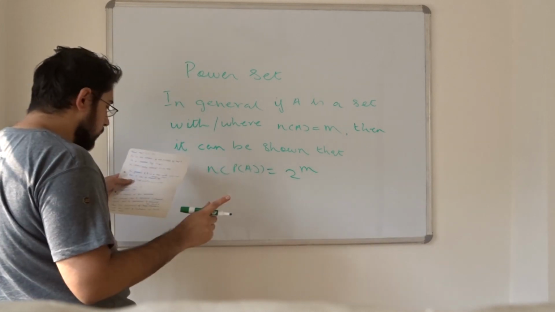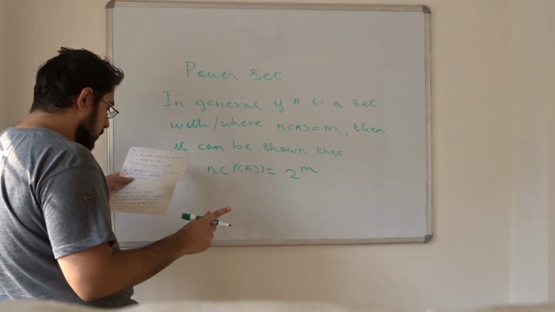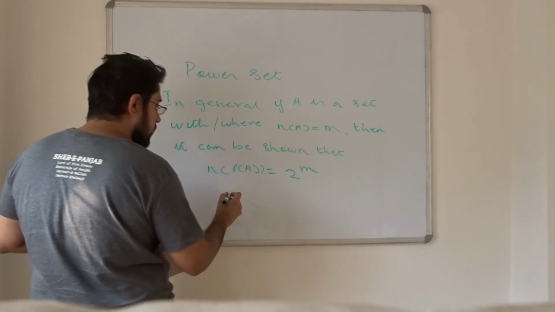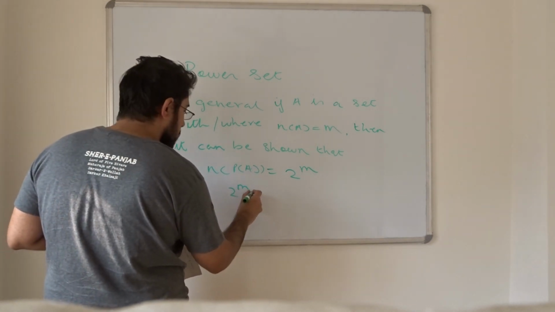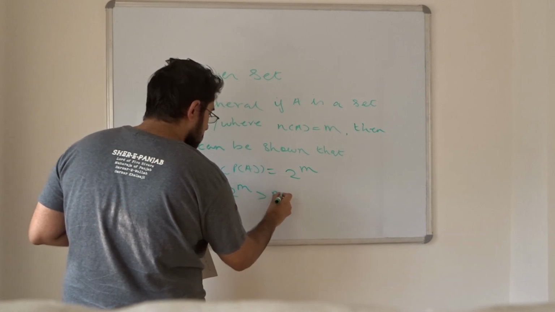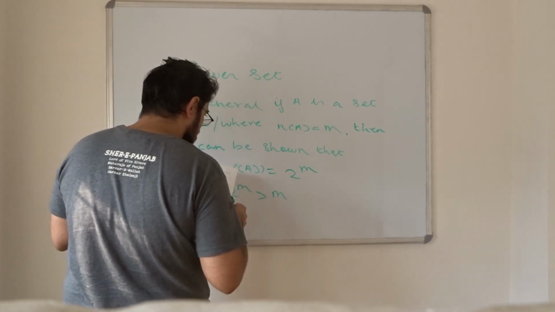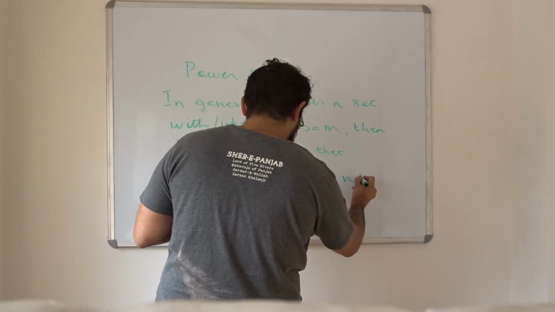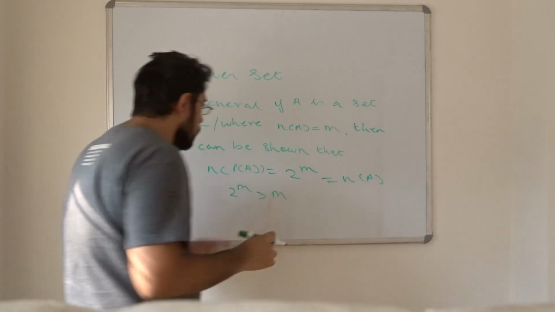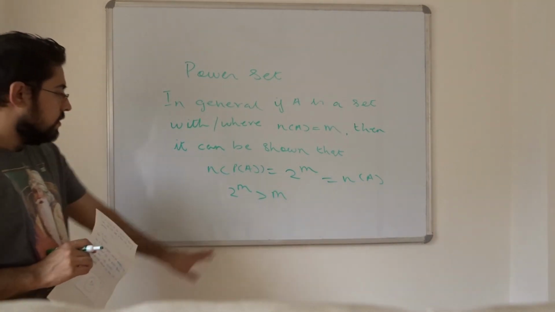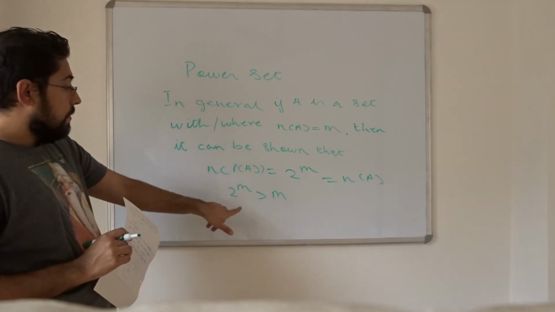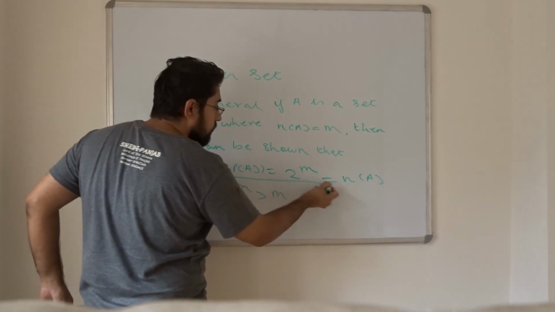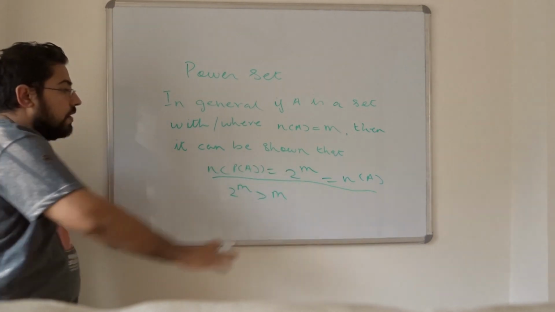Now here, 2 to the power of m is greater than m, so it is the number of sets here. I'm going to demonstrate this. 2 to the power m is supposed to be greater than m, but this is the formula that you have to understand.